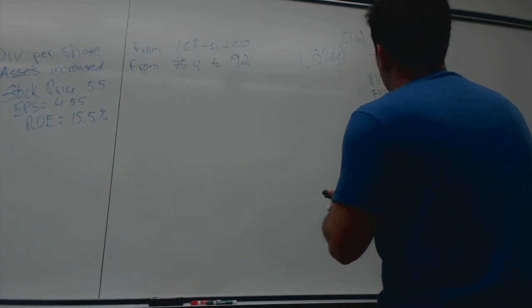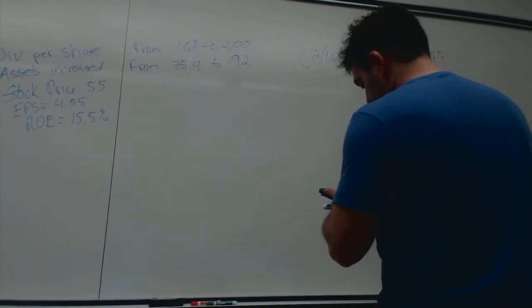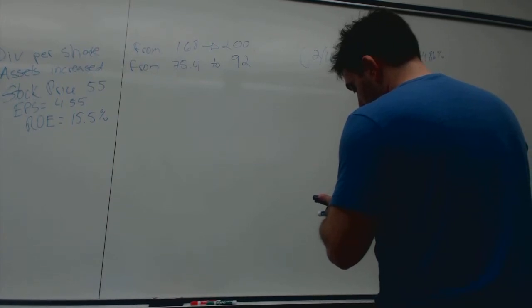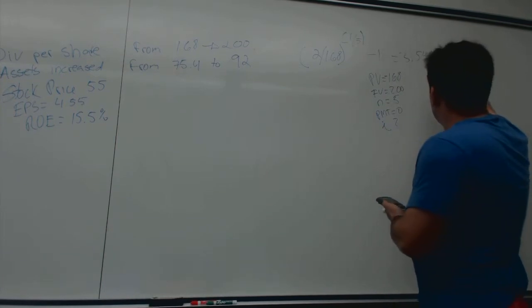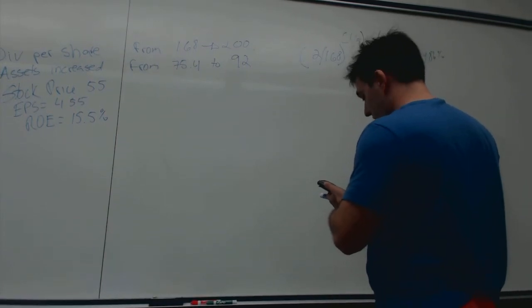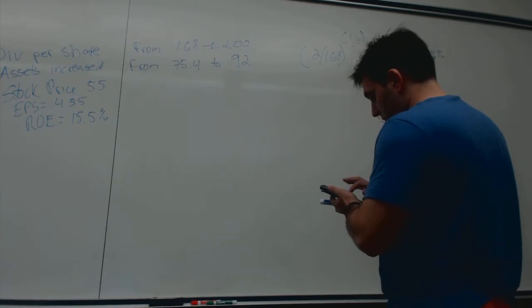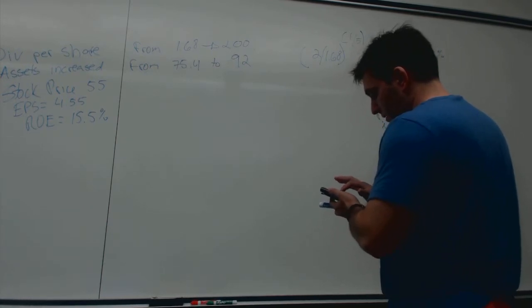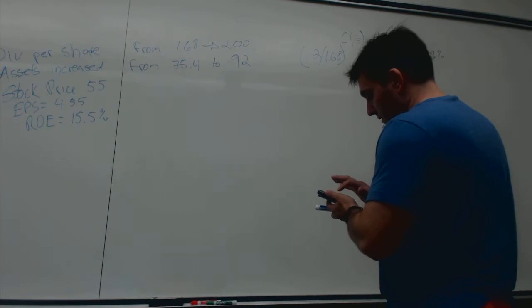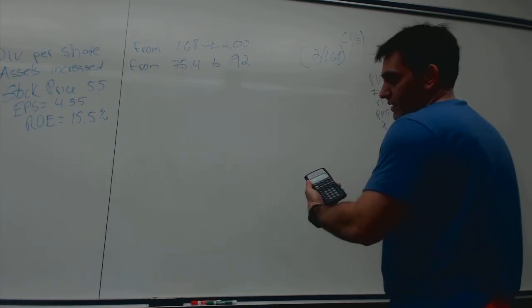If you do 2 divided by 1.68 to the power 1 divided by 5 minus 1, you get 3.548. If you do it the other way, you put 1.68 negative present value, 2 future value, 0 payment, 5 and compute. You get the same, 3.5%.